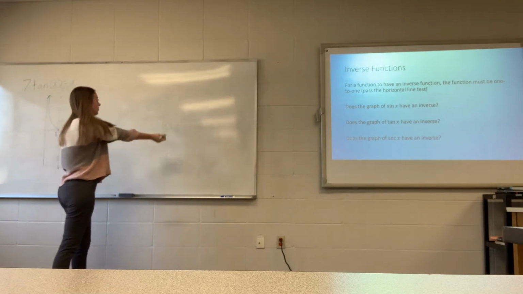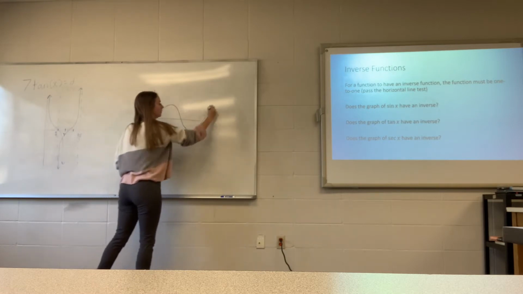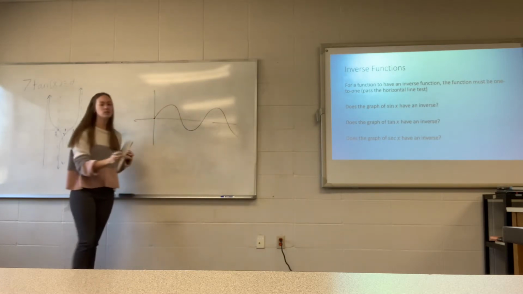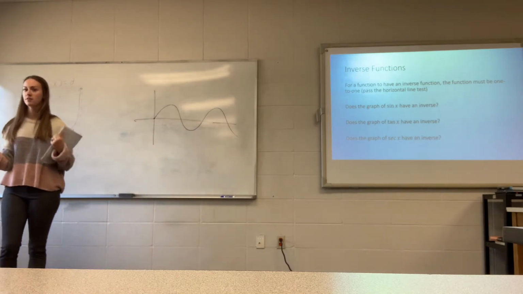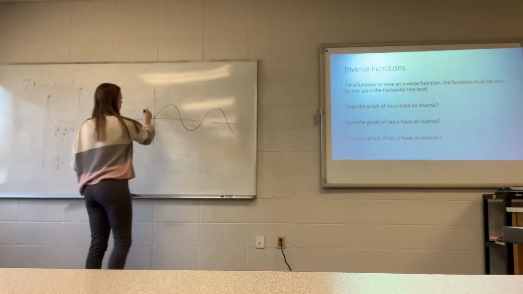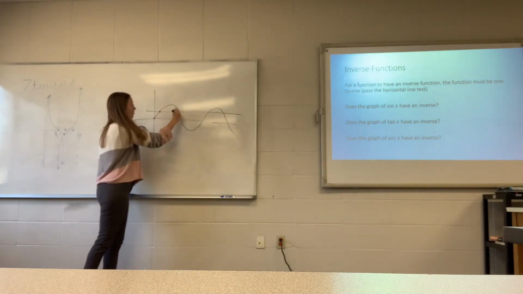So if I graph sine real quick, it starts at the origin and goes like that. Does this pass a horizontal line test? No, because if I draw a horizontal line, don't I hit a bunch of different points?